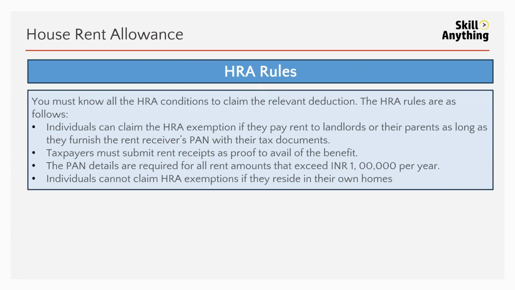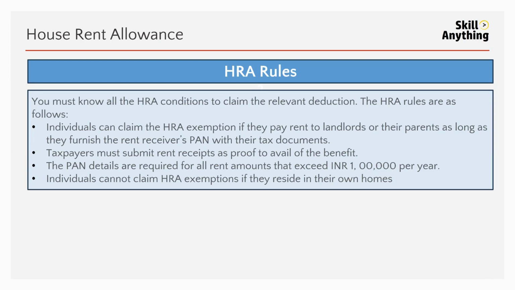Now, what are the HRA rules? There are some HRA conditions to claim the relevant deduction. An individual can claim the HRA exemption if they pay rent to a landlord or their parents, as long as they furnish the rent receipt and PAN with their tax documents. The taxpayer must submit the rent receipt as proof of the benefit.